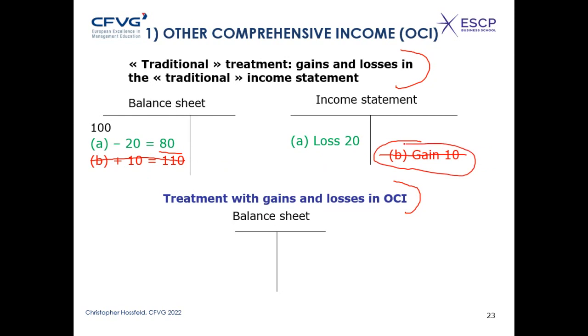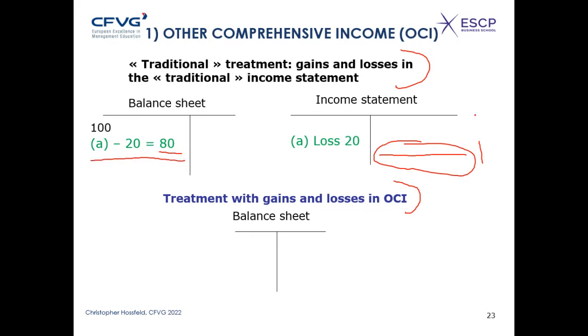Why not? Because this gain increases profits, of course. If profits increase, there will be higher dividend payments. And if profits increase, there is the risk, the danger, the possibility of higher tax payments. And I don't want to pay dividends and taxes on this gain of 10. Why not?